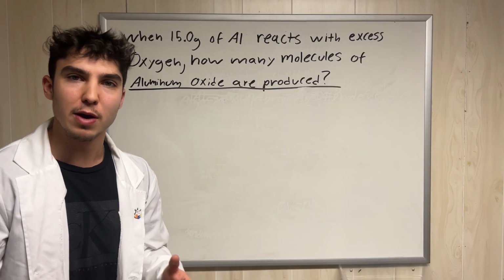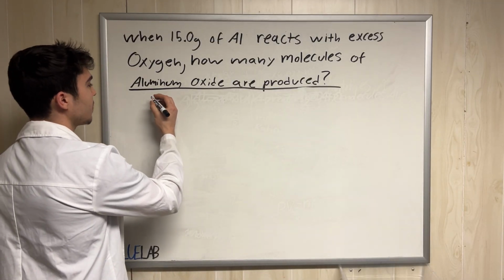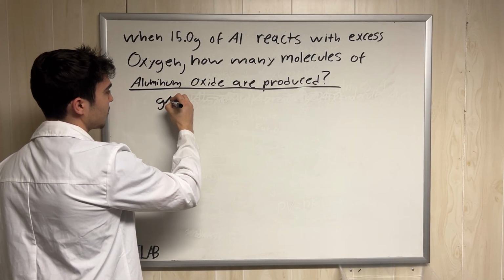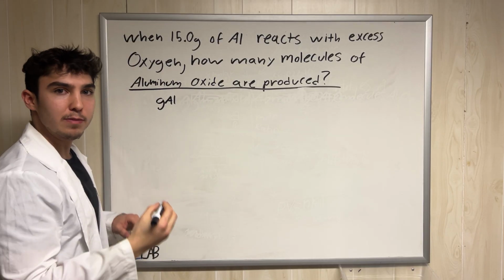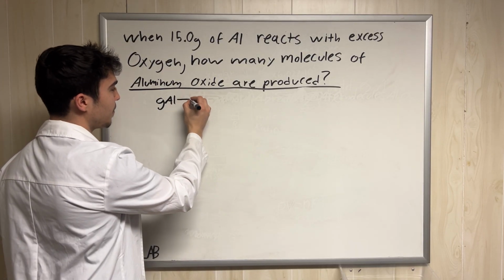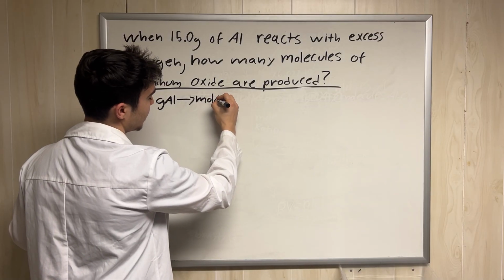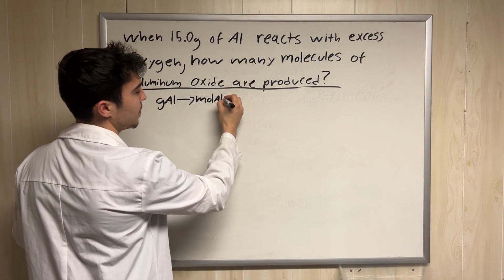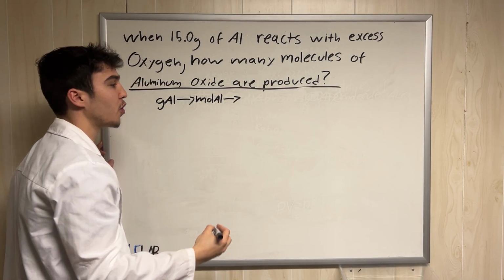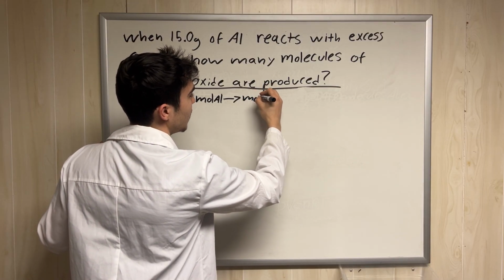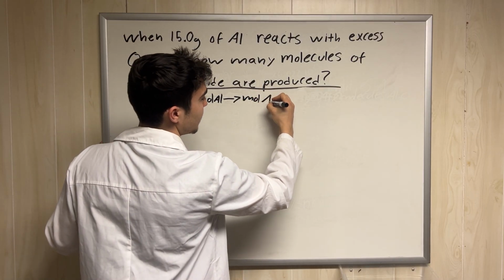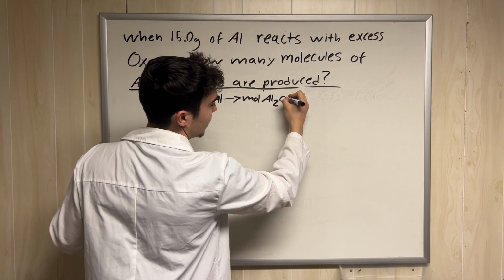So let's start with our grams of aluminum. Our grams of aluminum are going to go to its moles of aluminum. Our moles of aluminum are going to go to our moles of aluminum oxide.